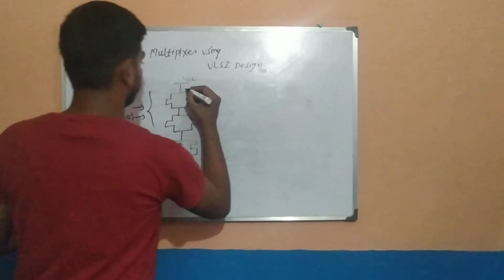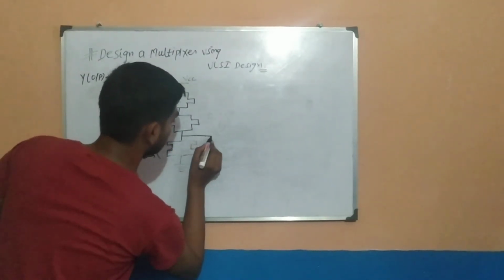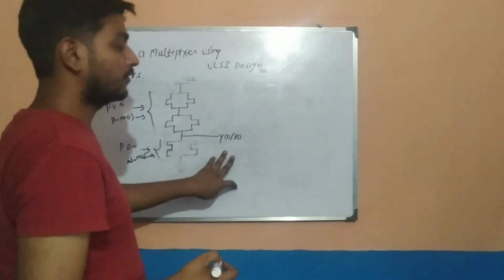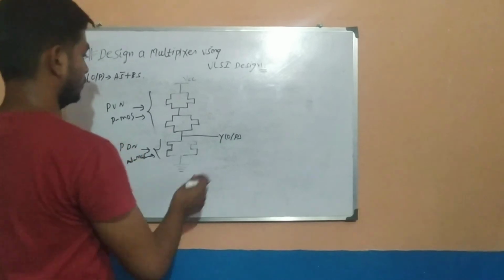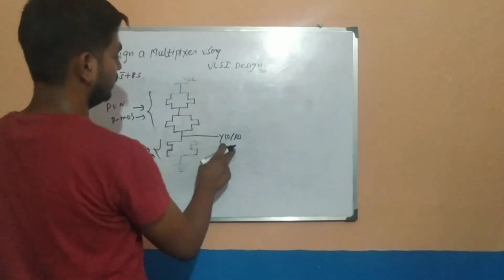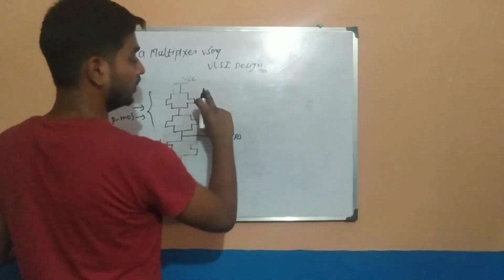So here is a voltage supply and here is a ground supply, and there is an inverted output. You have to reach the output here. So this is the pull-up network.